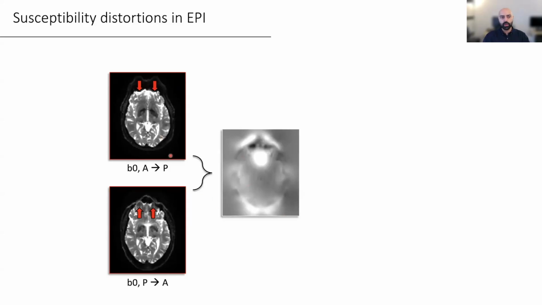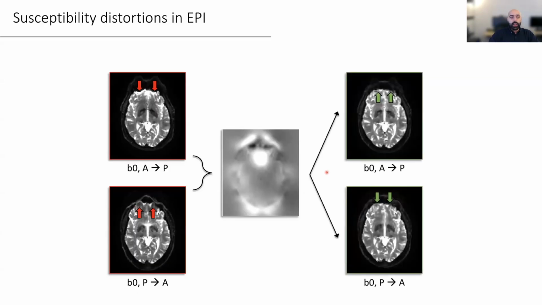It's like having a system of two equations to solve for one unknown. So it's more or less straightforward to do. And using this displacement field, we can then, quote unquote, undistort the data according to this degree of distortion, knowing the exact parameters in the phase encoding direction. So we can uncompress those compressed regions, or compress the distorted, stretched out regions.